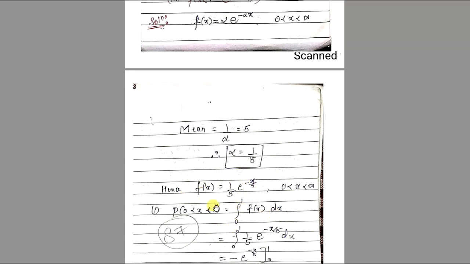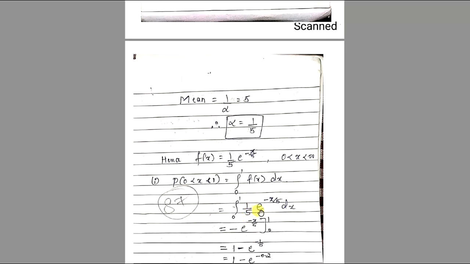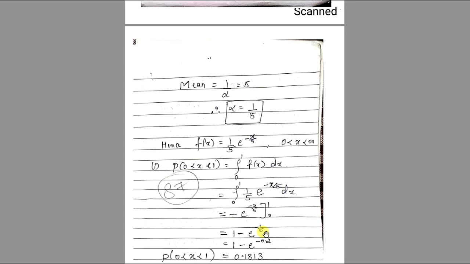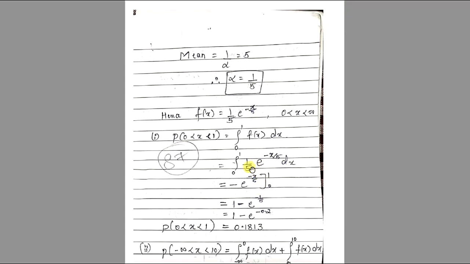Anyway, f of x we have constructed, so you just substitute here 1 by 5 e to the power of minus x by 5, that we have constructed for the given particular mean, into dx. It is very easy to integrate. Take 1 by 5 outside as a constant; the integration of e to the power of minus x by 5 is e power minus x by 5 divided by minus 1 by 5. 1 by 5 will cancel, and the negative signs cancel.